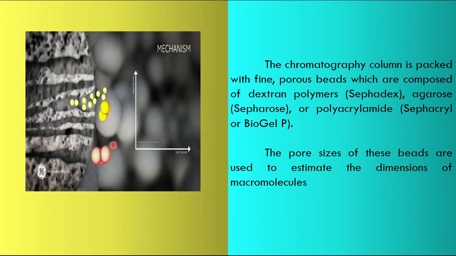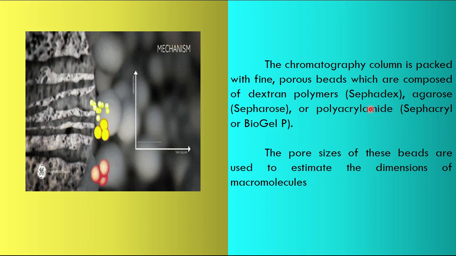In this size exclusion chromatography, the column is packed with porous beads such as dextran polymers, agarose, or polyacrylamide. So these are some porous beads which are used for the separation of particles through size exclusion chromatography.